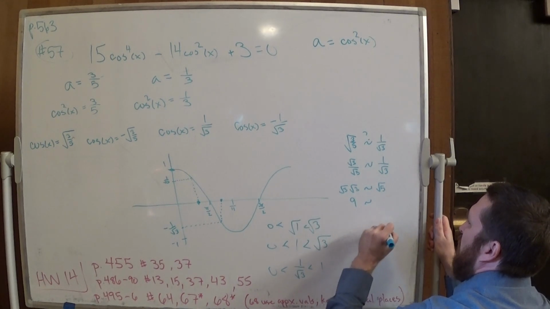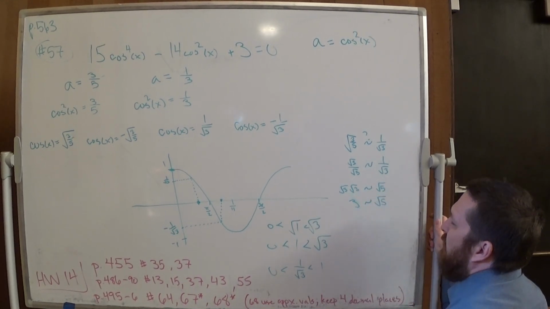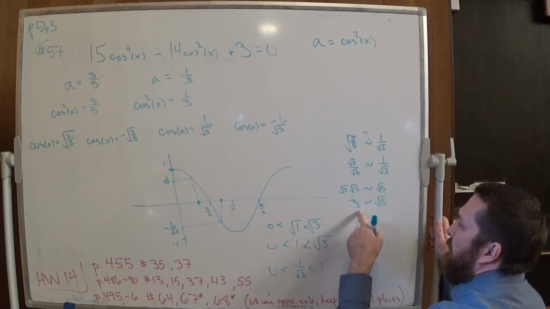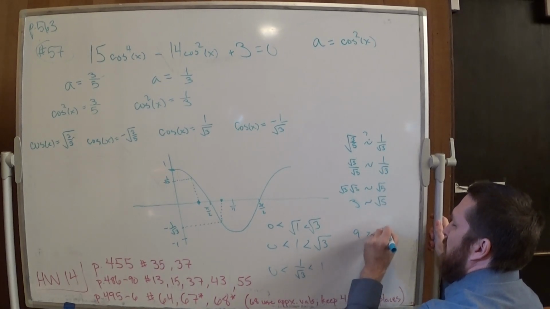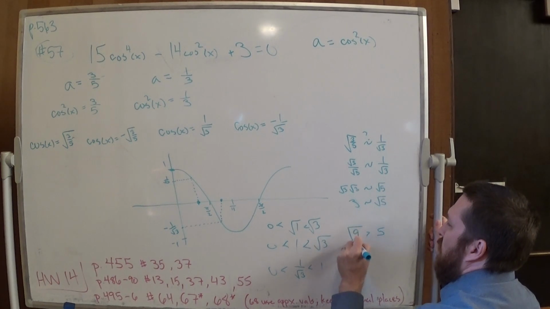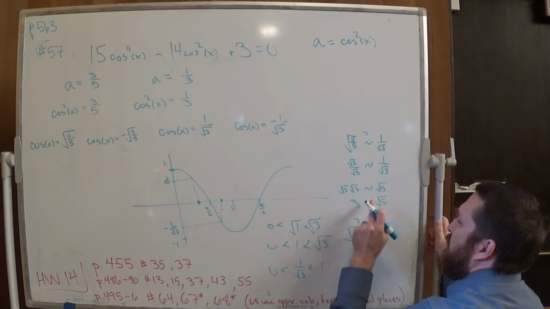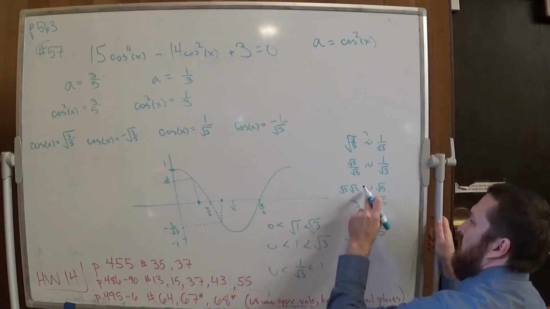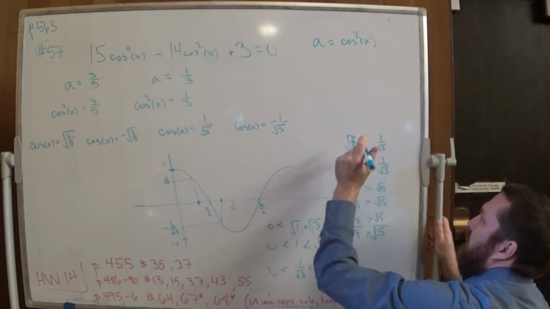So 3 is somehow related to root 5. I think 3 is bigger than root 5, because 9 is bigger than 5. So root 9 is bigger than root 5, and that's the same thing as 3 being bigger than root 5. So now we can bring it all the way back and say that's true, therefore that's bigger, and so on.